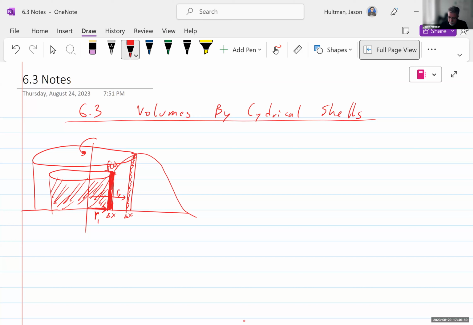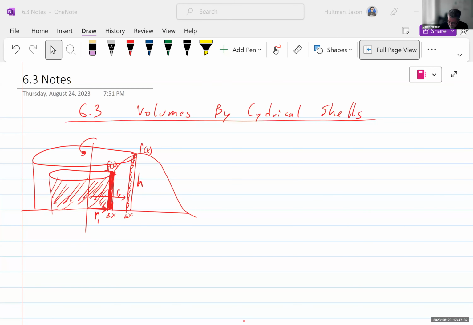And so we build these cylinders with width delta x, and it's the surface area of those cylinders. And if I unwrapped this, these cylinders would have a certain height h, and that height h is the f value, or the function value, at that x, at that r value.